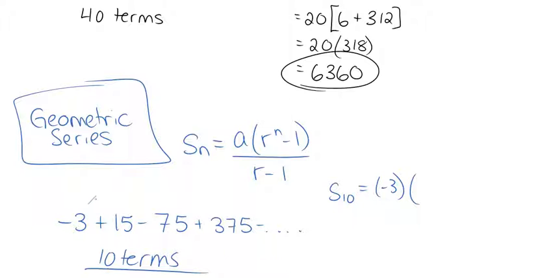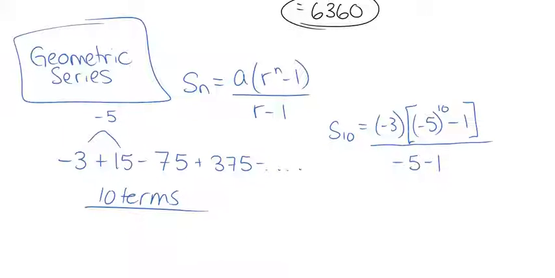My R value is -5, because I am multiplying by -5 each time: -3 times -5 is 15. So I get -5 to the power of 10 minus 1, divided by R minus 1, which is -5 minus 1. Now I just solve this, which I can't do in my head, so that'll give you some answers.